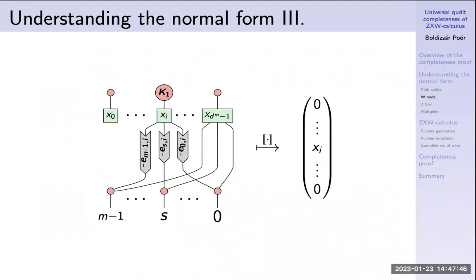What I claim here is that this part of the superposition is going to correspond to a vector where every element is 0 except one, where it's going to be xi. The position of this element is going to be determined by these multipliers and the values that are in them. But first, let's see what this green box means.